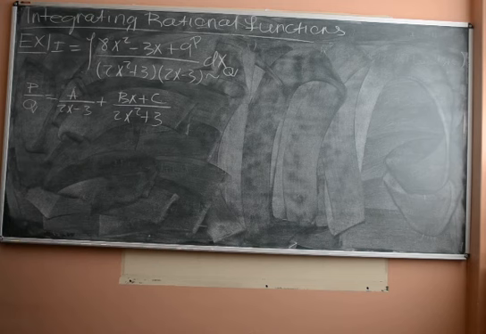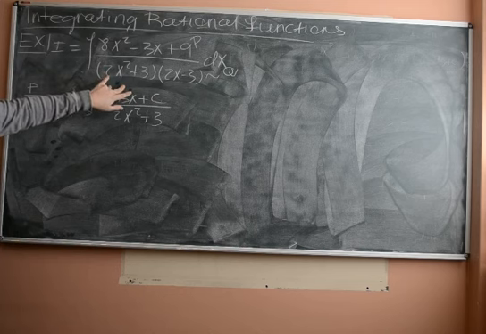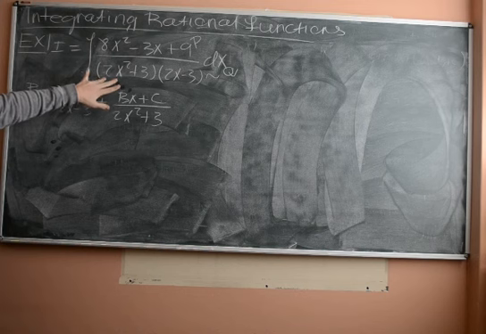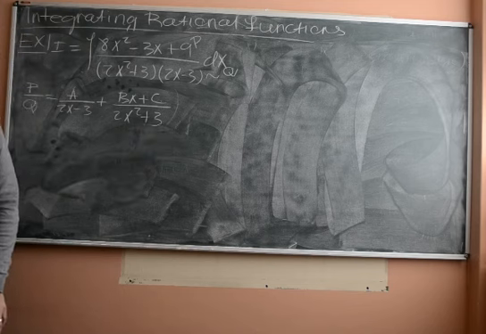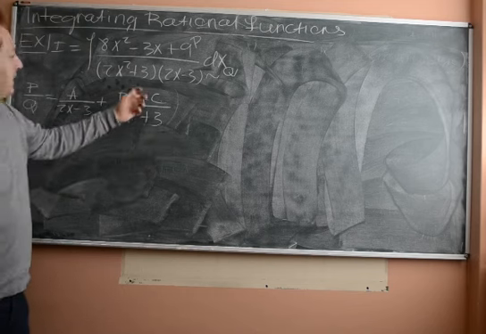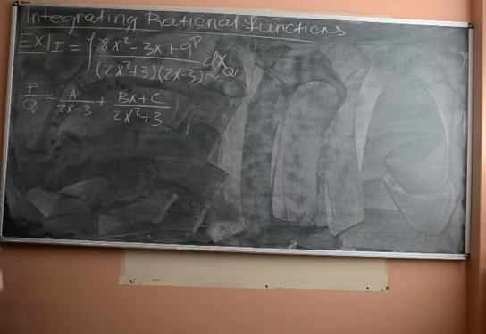The technique says that we look at the factors of q and write down the decomposition. Here we have two irreducible factors. The first is this quadratic, 2x² + 3, and that gives us this term in the expansion for p over q. The other factor is this linear one, 2x − 3, and that gives us this term. As in the previous example, we start by adding these two fractions together.